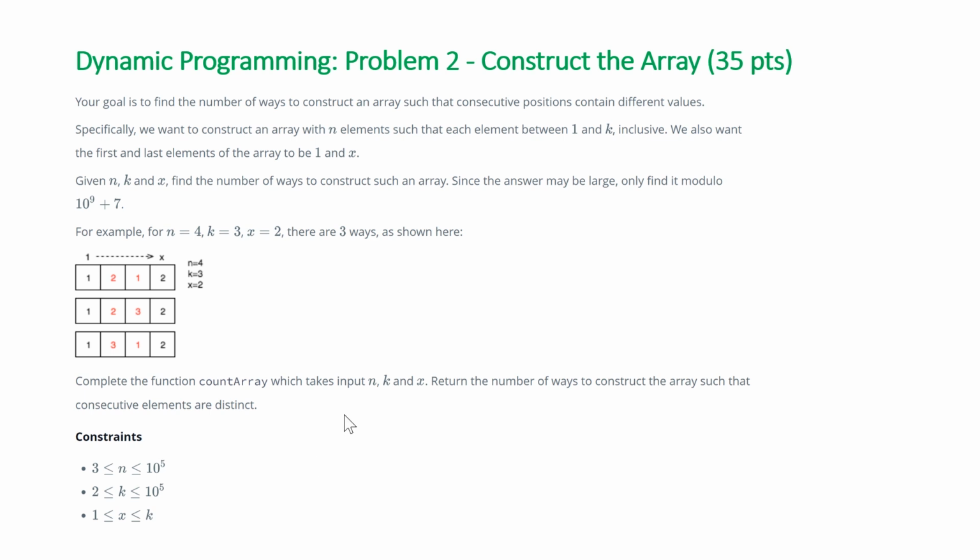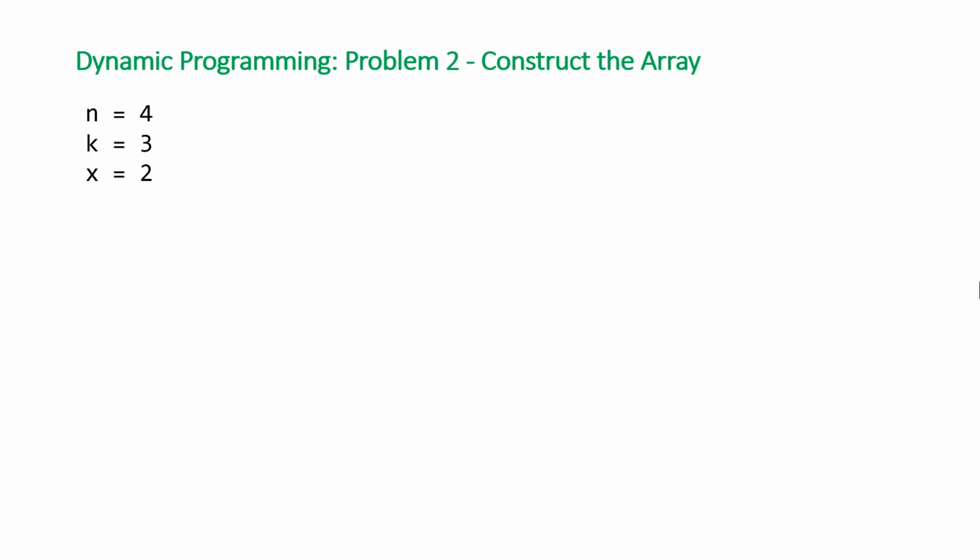So let's take a closer look at this example to see how we can solve this using dynamic programming. So here's our example once again, n equal to 4, the number of elements, k equal to 3, that means our elements have to have the values between 1 and 3, and x is the last value of our array. And note that our array should start with the value 1.